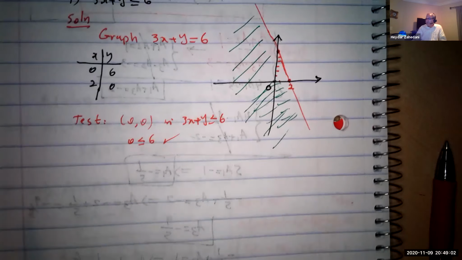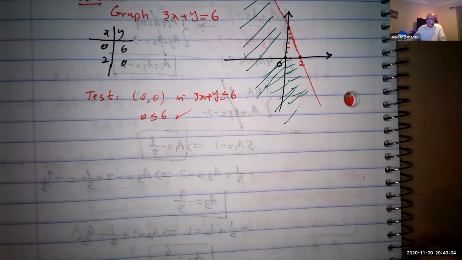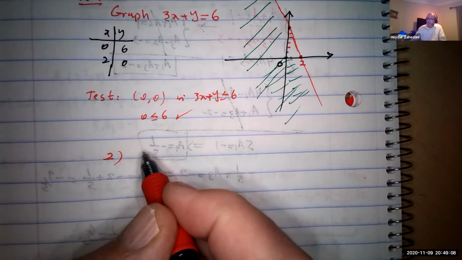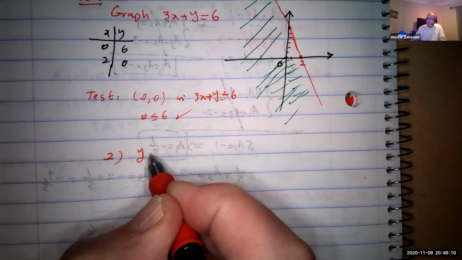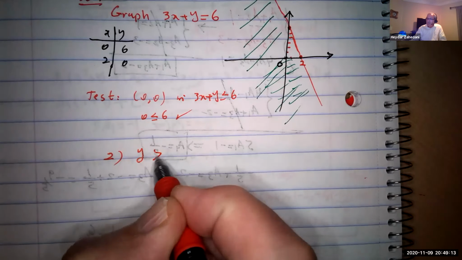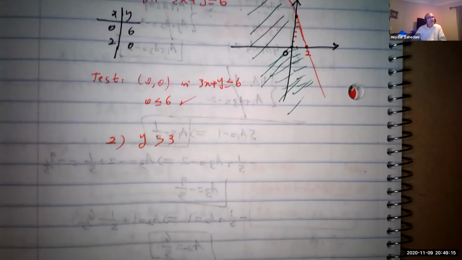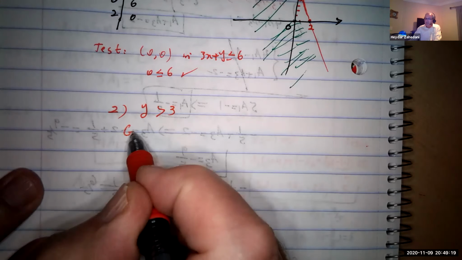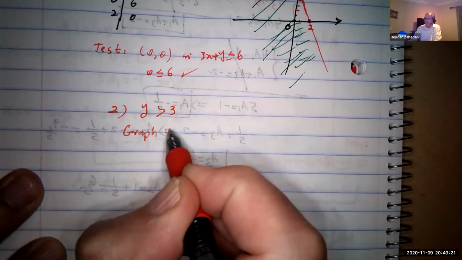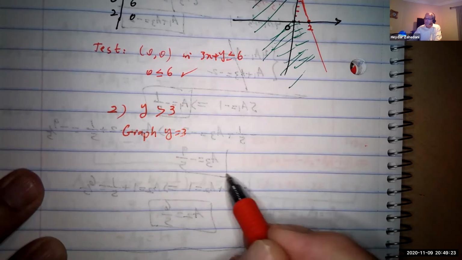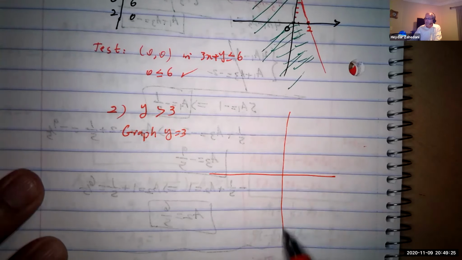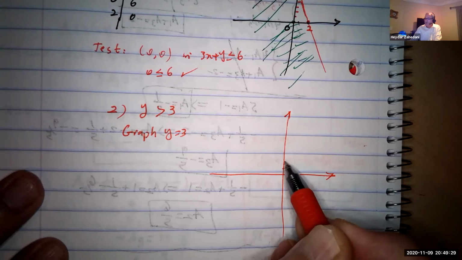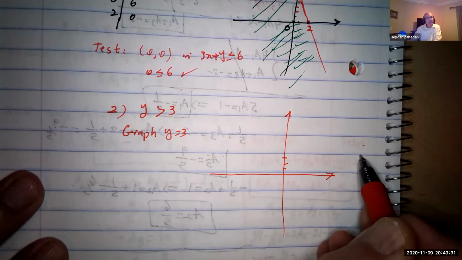So case 2 is going to be a special case, something like y greater than 3. So you graph y equals 3 first, which is easy. It's going to be a horizontal line. Okay, you pick the 3, 1, 2, 3. It's going to be a horizontal line.